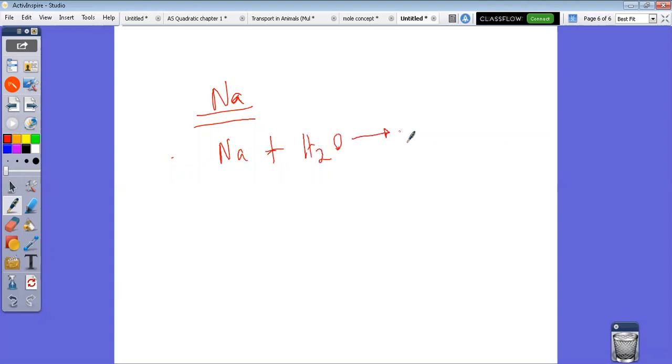So the same formula, sodium hydroxide. It's known as sodium hydroxide plus hydrogen gas. Balancing the equation, 2, 2, 2 there. Clear? Just like what we did before. This is a gas. Sodium hydroxide. Clear?